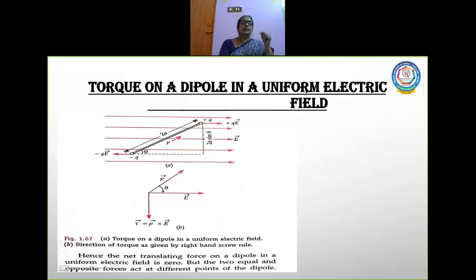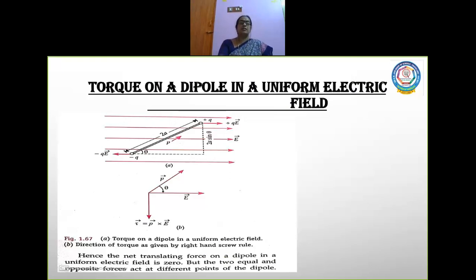Look at the value here, theta. Now this dipole is aligned at an angle of theta with the electric field. Now when you keep it like this, what happens? Now this dipole has a dipole moment.